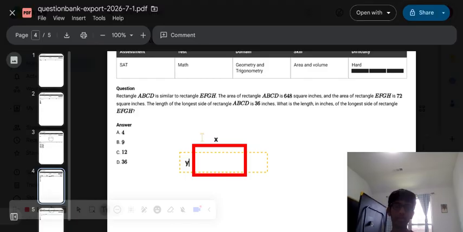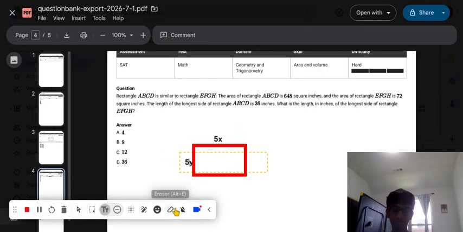And then say you have another rectangle that has a length of 5x on this side, and a length of 5y on this side. That means that they are similar rectangles. Now, when I mean proportionate, that means that the coefficient has to be the same for both sides. So it has to be 2x and 2y, or 3x and 3y, so on and so forth. It cannot have a different multiplication for the lengths of each side.